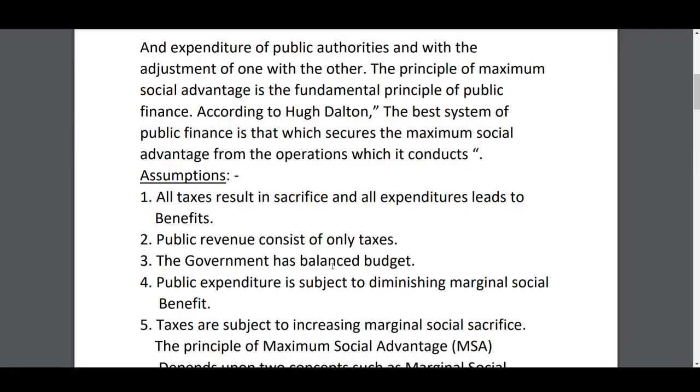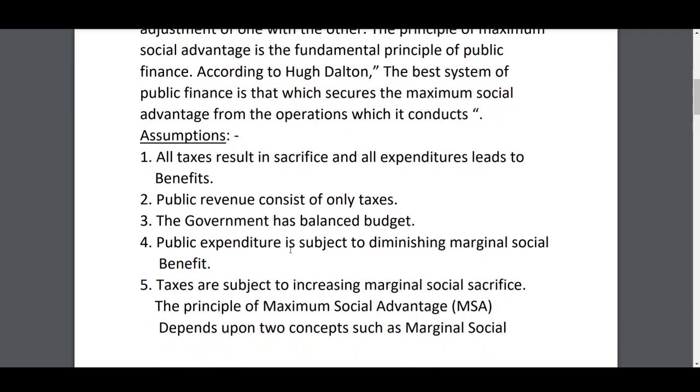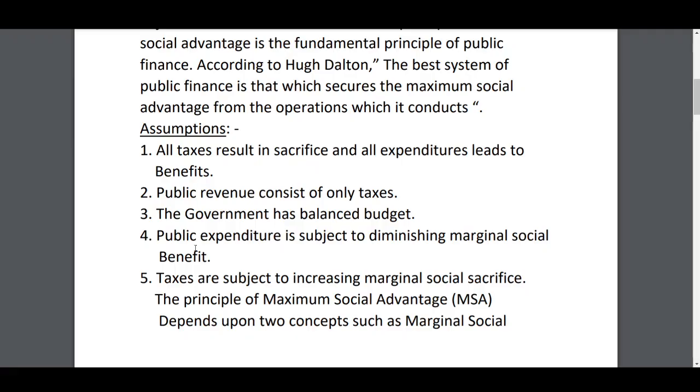That means revenue and expenditure should be equal. There should be neither deficit nor surplus in the budget. That is the third assumption of the principle of maximum social advantage given by the economist Dalton. The fourth assumption is that public expenditure is subject to diminishing marginal social benefit.